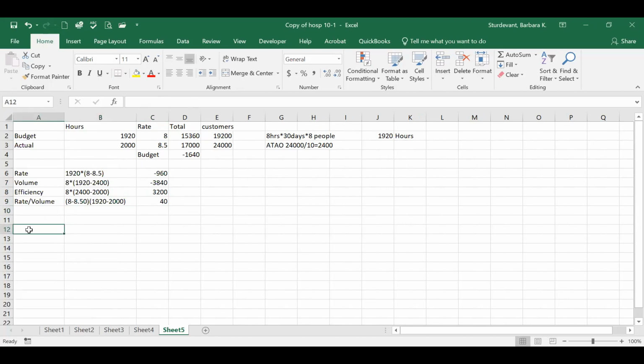Then 21, we had to do the price and the cost ones. So this was 10-20. And this one is 10-21.